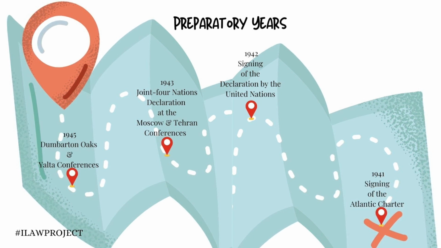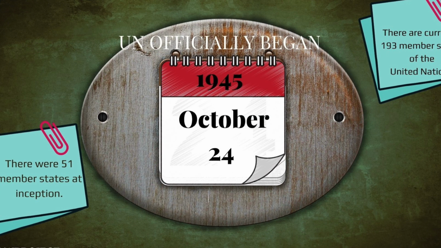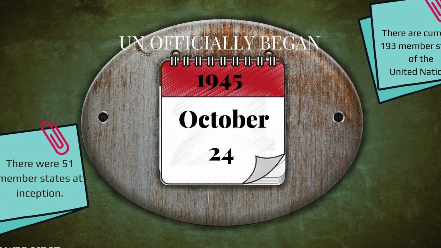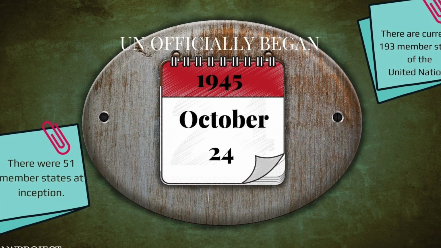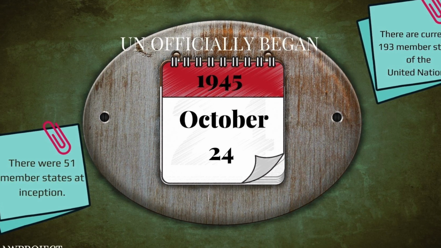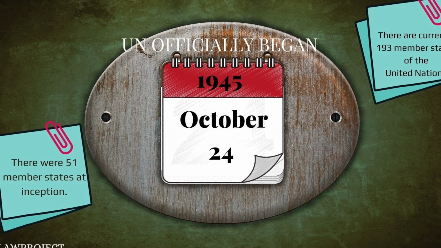At this time, the foundation of the United Nations had solidified from the preparatory activities of the preceding years. And on October 24, 1945, the United Nations officially began with 51 member states. The 51 states included all the 50 states present at the San Francisco Conference and Poland.